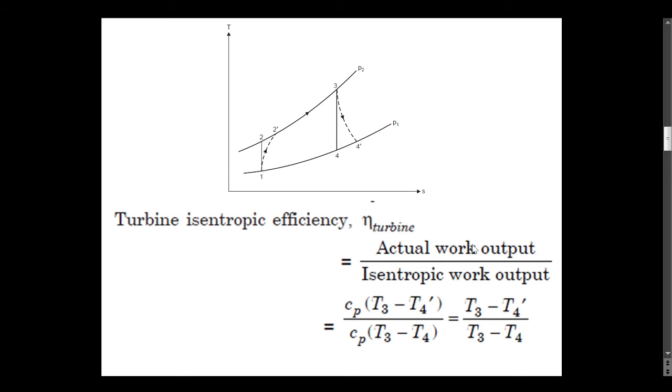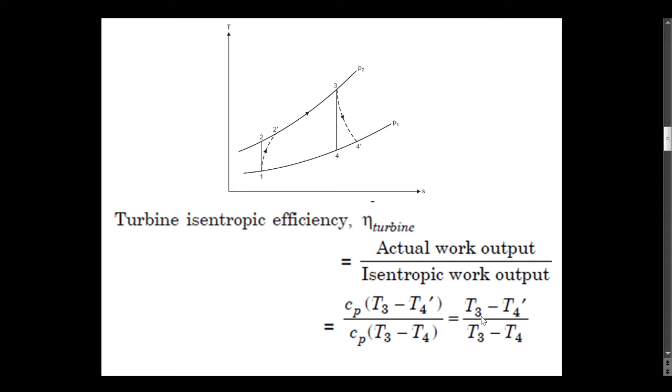So it is the actual work output divided by the isentropic work output. The actual work output is equal to Cp, actual temperature drop is T3 minus T4 dash, divided by the isentropic work output, that is Cp T3 minus T4. So we get the expression T3 minus T4 dash divided by T3 minus T4.